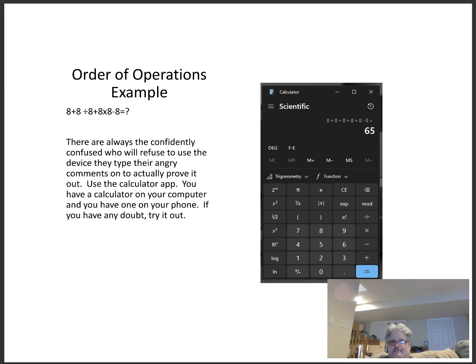I've seen people come back to me and try to say, aha, I got you. I don't get 65. And then I find out that they're typing the equal sign after every operation. You know, they're going 8 plus 8 equals, and then divided by equals. I don't know why anybody does that. Nobody does that. That's not how you use a calculator. You type the equal sign at the end.